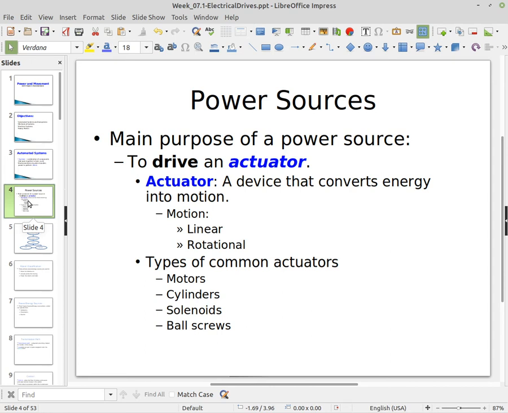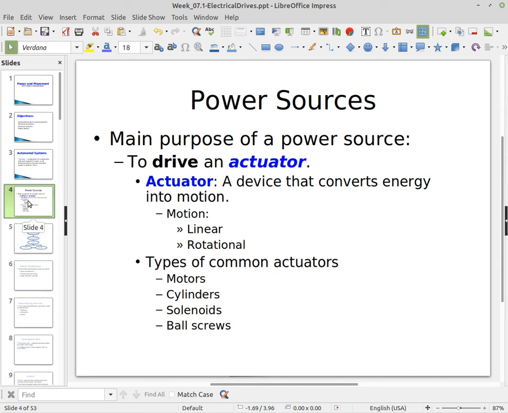Alright, so the main purpose of a power source is to supply energy to perform work. So we have some definitions here. The main purpose, like I say, is we're going to drive an actuator.